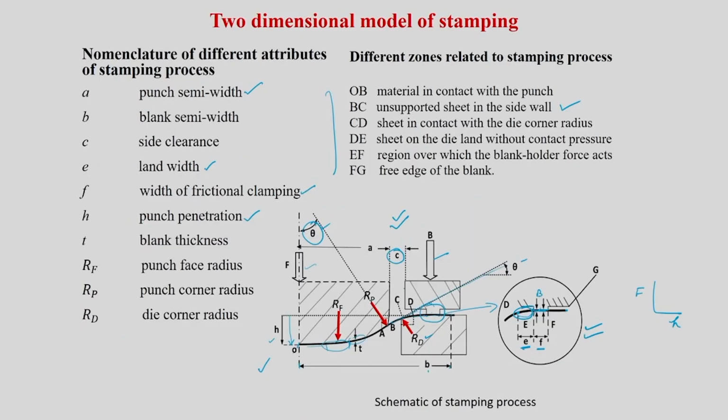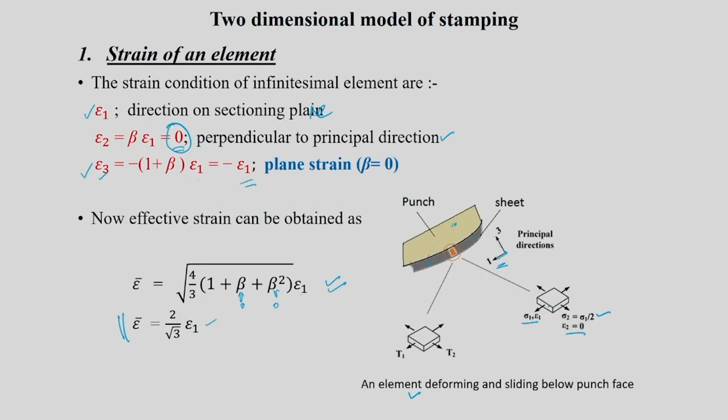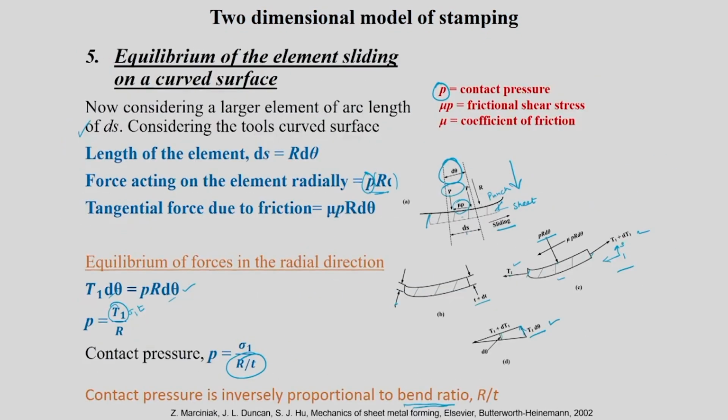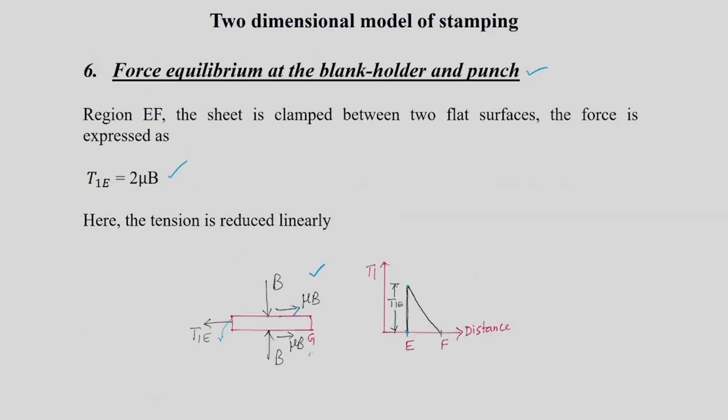It is sufficiently accurate to assume that T1 is maximum at E, linearly decays, and becomes 0 at F. This is a simple variation you can assume, but depending on your draw bead force and other things, this variation can change. So the tension is reduced linearly in this fashion.